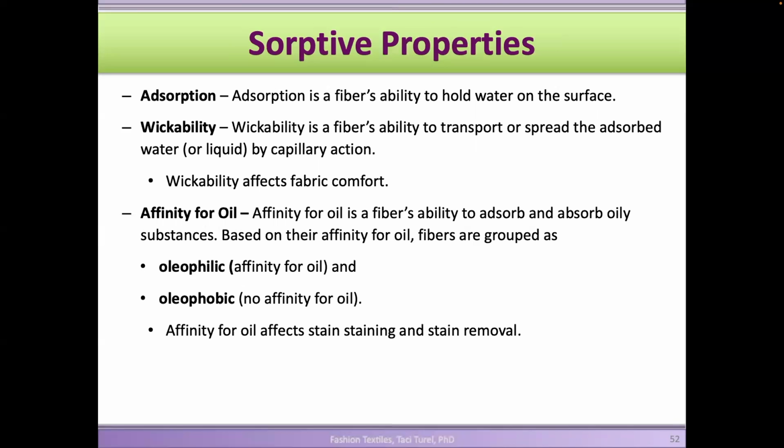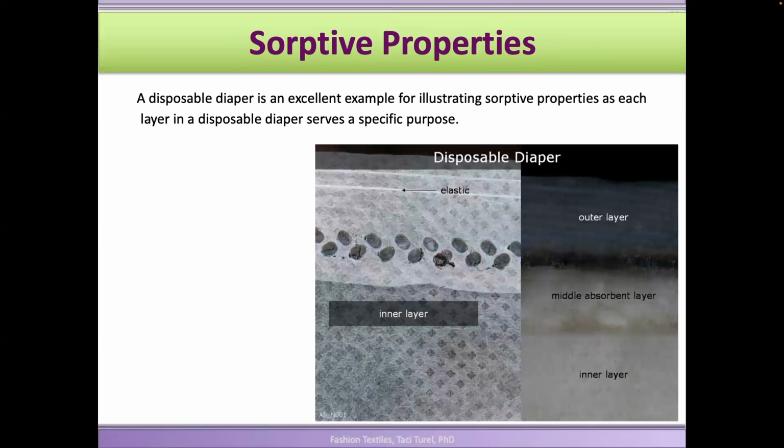Oleophilic means loves oil, absorbs oil, and gets stained by oil. Oleophobic means it repels oil and it doesn't get absorbed by oil. In a diaper, those kinds of properties are important. Ability to absorb moisture, absorbency, and so on.